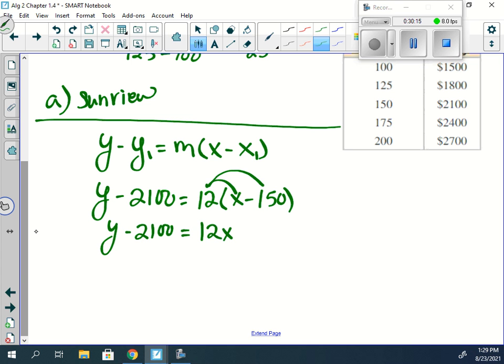So 12 times x will be 12x. Then we need to do 12 times 150. I think it's 1800. And it is 1800.